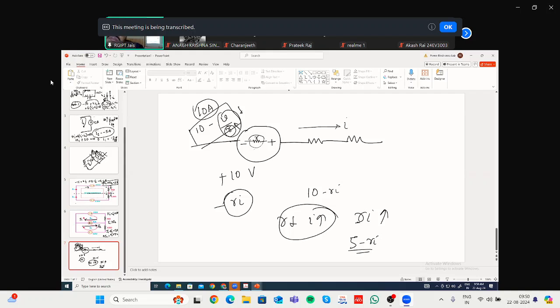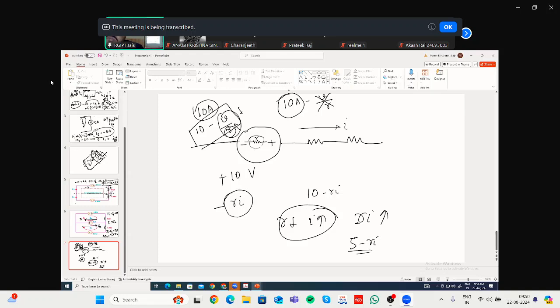So 10 ampere minus a value, and across whatever circuit you have applied, there will be some kind of a voltage, let us say voltage V. If R is infinite, you will not consider this term, and the current source will behave as a 10 ampere. If R is finite, then V divided by R will have some finite value, and 10 minus that value, you will get some less value, 9 ampere, let us say 5 ampere. So it will not be desired.